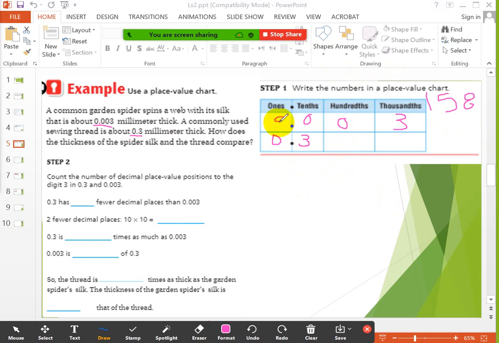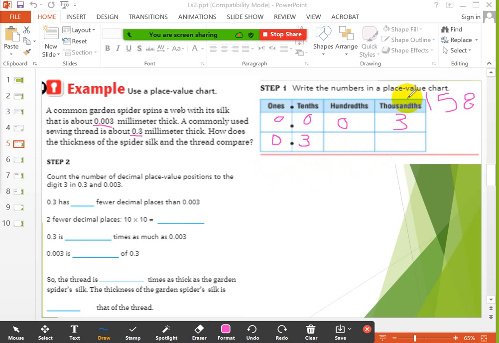Look, in this number I have how many places after the point? Thank you, girls. Excellent. So how many places after the point in this number? I have 1, 2, 3 digits. Okay? But in this number I have only 1 digit. So the difference between those numbers, excellent girls, the difference between the digits is 2.